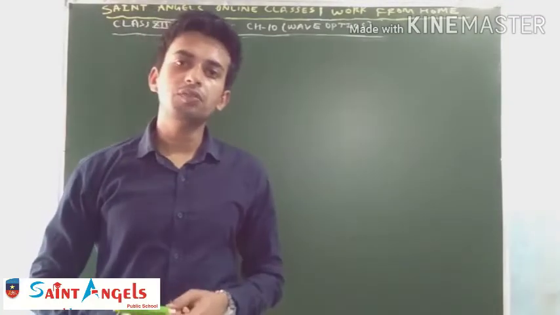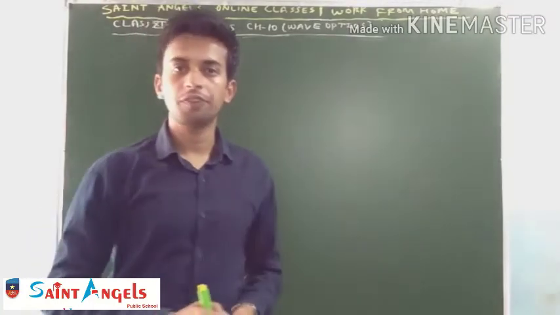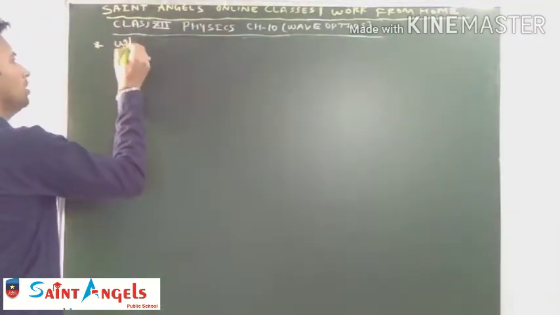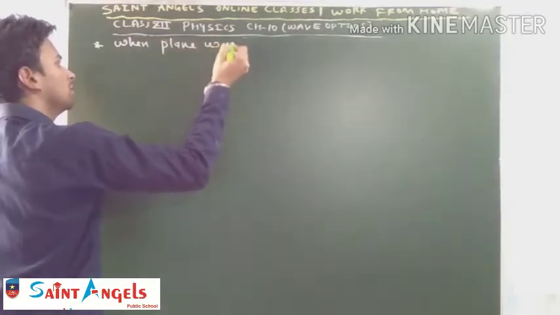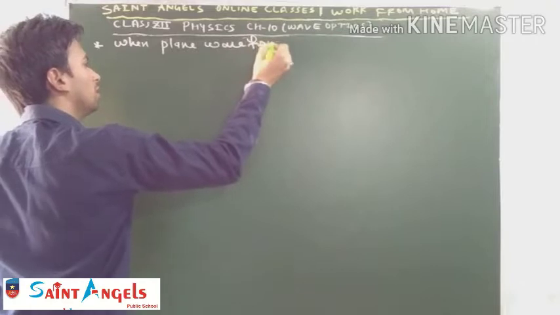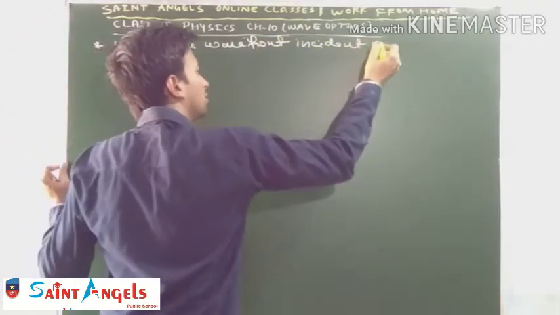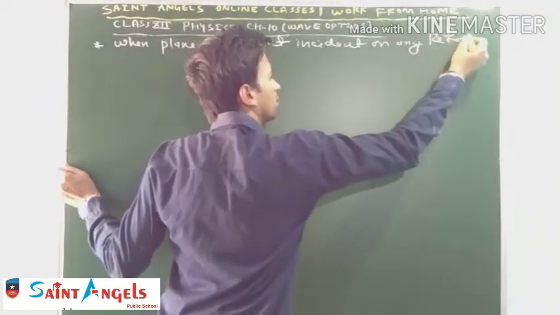Now let's discuss what happens when a plane wavefront is incident on any refracting surface. So the next condition is when a plane wavefront is incident on any refracting surface.